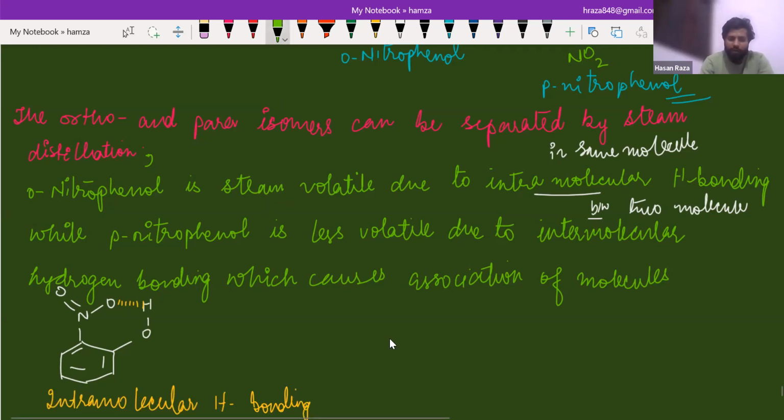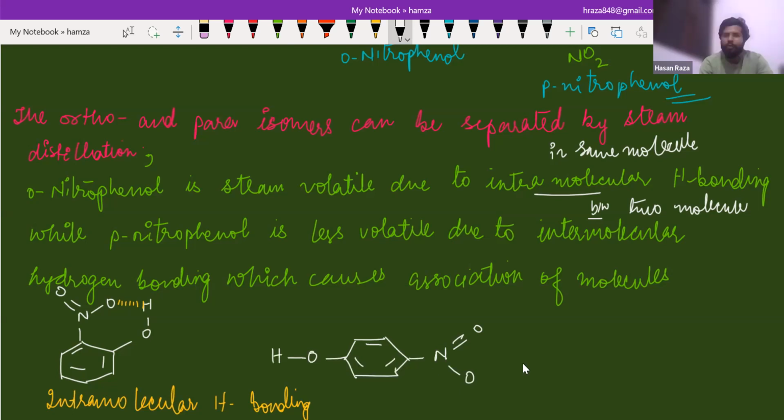It's very easy to understand. If you have paranitrophenol, you can see that there will be no hydrogen bonding in this single molecule. But since millions of molecules of paranitrophenol will be there, there will be intermolecular hydrogen bonding.